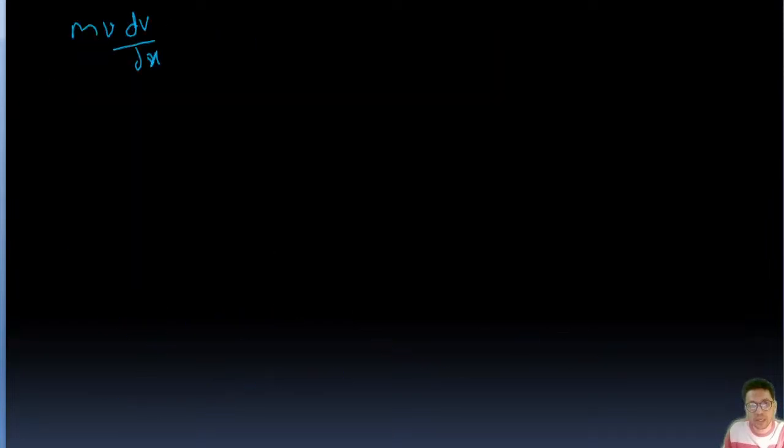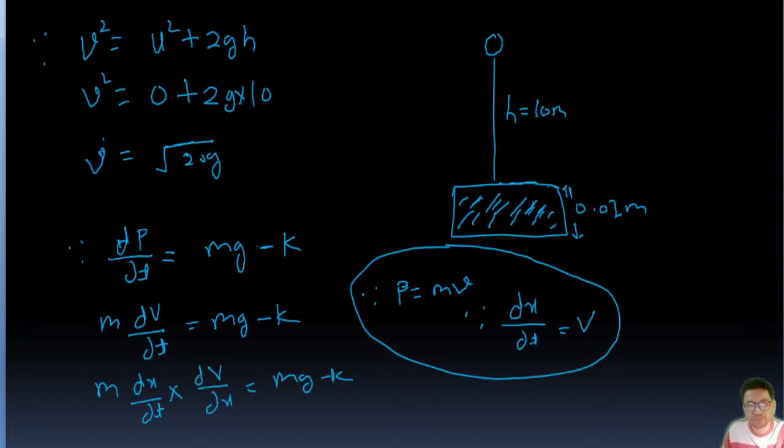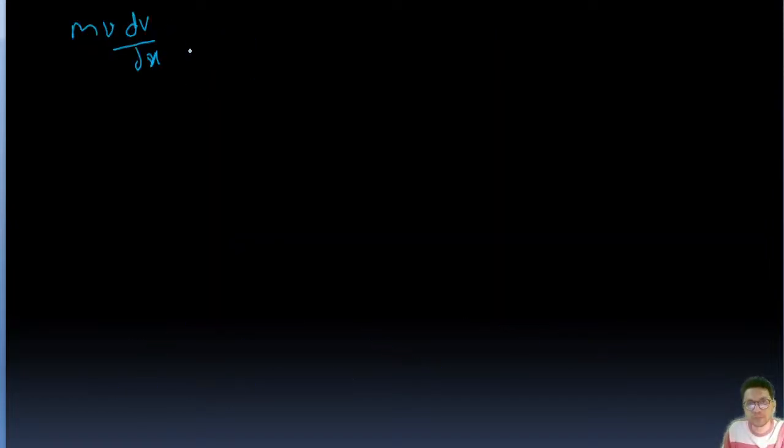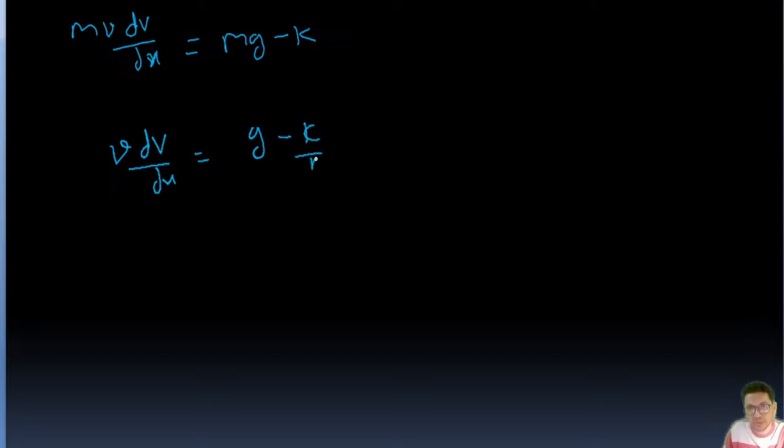Okay, and this is going to be equal to mg minus k. Or we can take m to the right hand side, so this is going to be v dv upon dx equal to g minus k upon m.